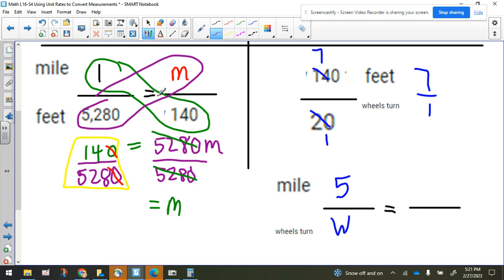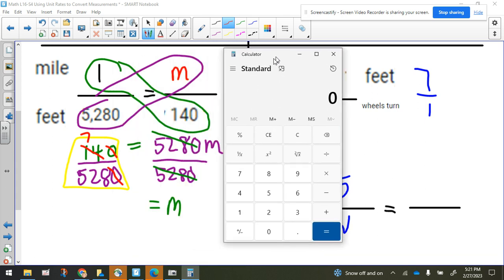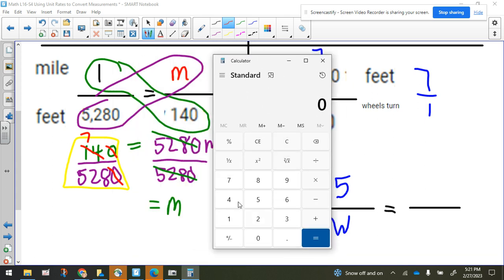So 14 divided by 2 in our heads would be 7. And then 528 divided by 2 might not be mental math, so I'm going to speed things up by using the calculator, but you probably should show the algorithm for this on your paper. So we're taking 528 and dividing it by 2, and we get 264.